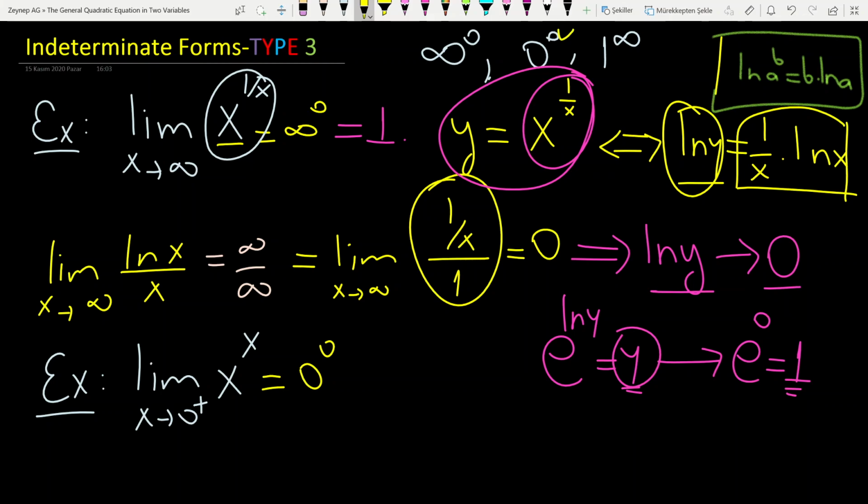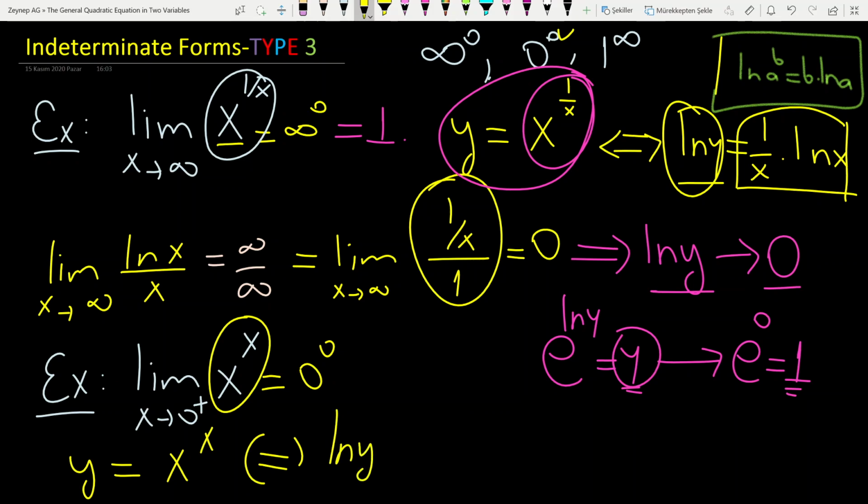It is also type 3. So you say that y is equal to the function x to the power x. Take the ln of each side. Using the properties of ln, you have x times ln x.